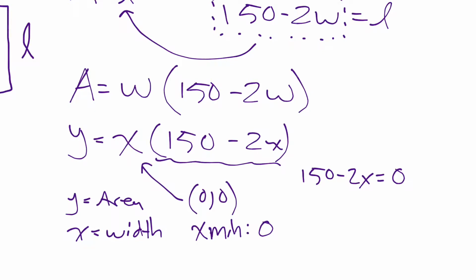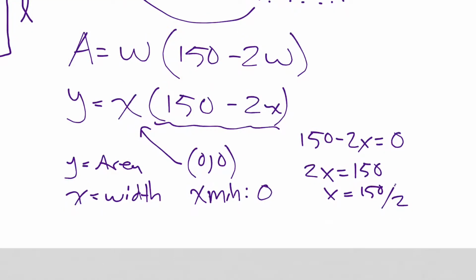So let's solve for x. 2x equals 150, x equals 150 over 2. So that should be our x maximum right there.